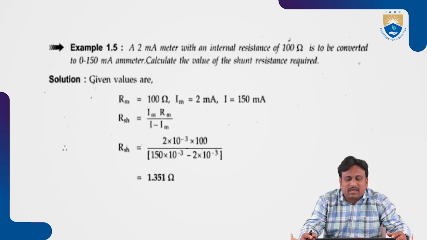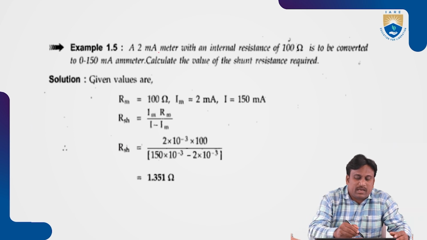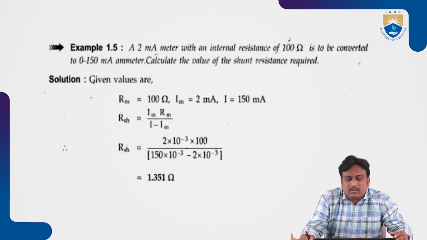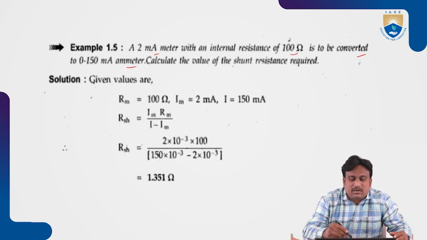This is a simple example which better explains how the meter range can be extended with the shunt case. Here it is given that a 2 milliamp ammeter is designed with an internal resistance of 100 ohms. This is to be converted to 0 to 150 milliamps. We need to calculate the value of the shunt resistance required.